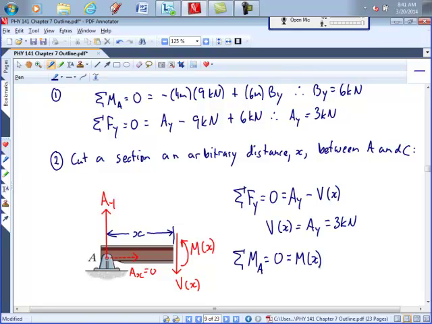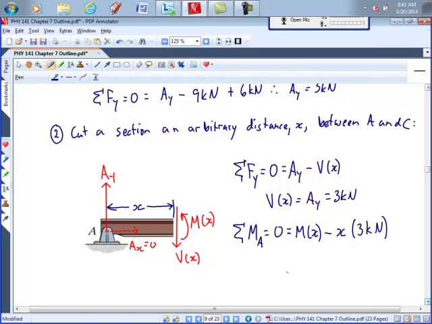And what's going to produce a negative moment? Right, the shear force times x is going to cause a clockwise rotation, so we'd have minus x times 3 kilonewtons. So M of x equals 3 kilonewtons times x. So this is a constant and this is a straight line function.